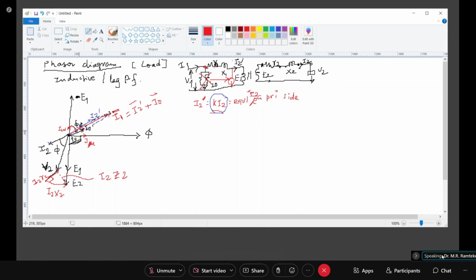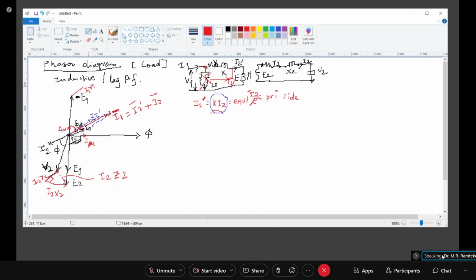So now the drop across the R1 will be in phase with the I1. In resistance, current flowing through it and voltage drop across it will be in phase. So that's why parallel to this I1, I will draw a phasor which is equivalent to I1 R1.